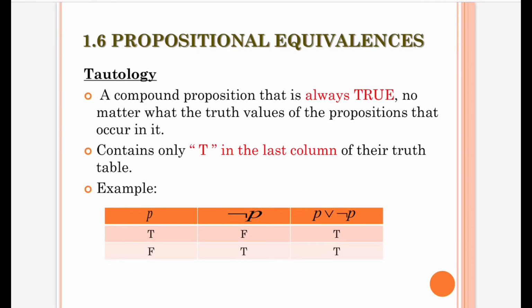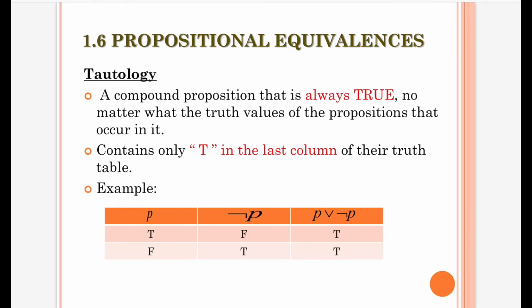The next one is tautology. A tautology is a compound proposition that is always true, no matter what the truth values of the propositions that occur in it. In an easy way, a tautology contains only T in the last column of the truth table.